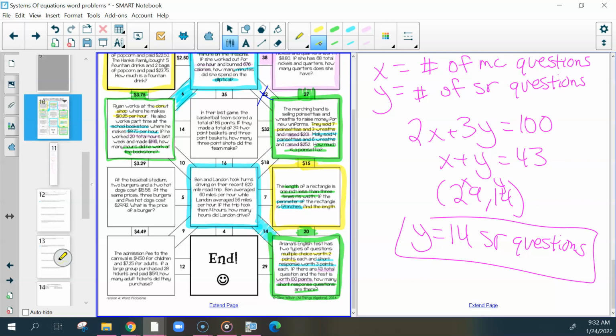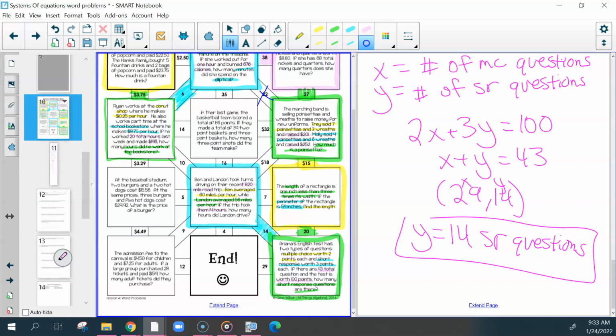Average speeds. So 60 miles an hour. Then average 60 miles per hour. Landon average 56 miles per hour. You have totals. It took 14 hours. Any other totals? Driving 820 miles. So usually those totals are together, but in this case they did not put them together. Be on the lookout for that.